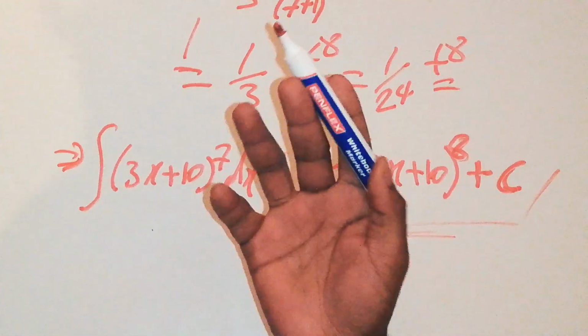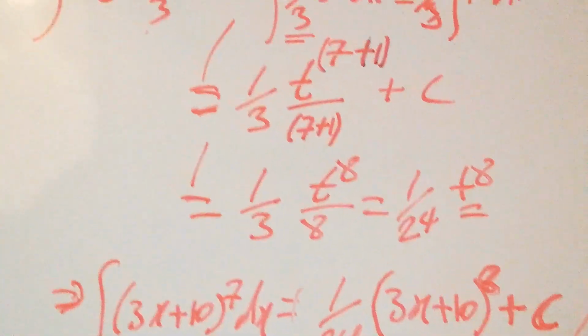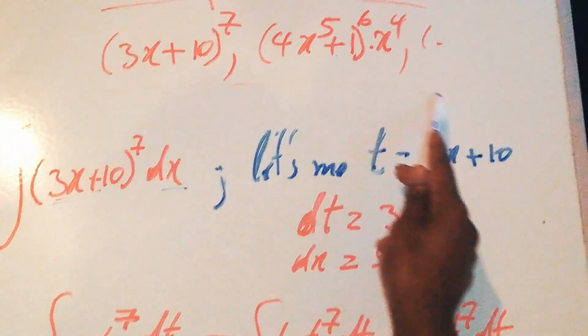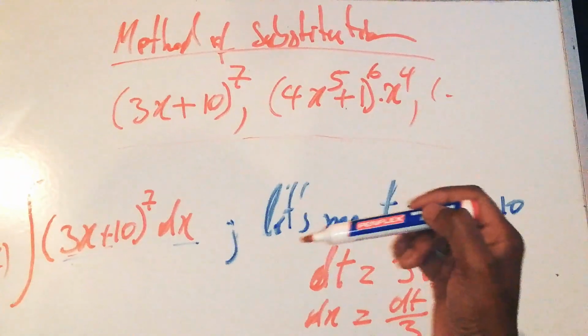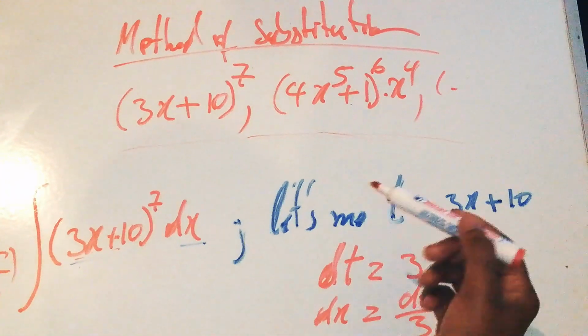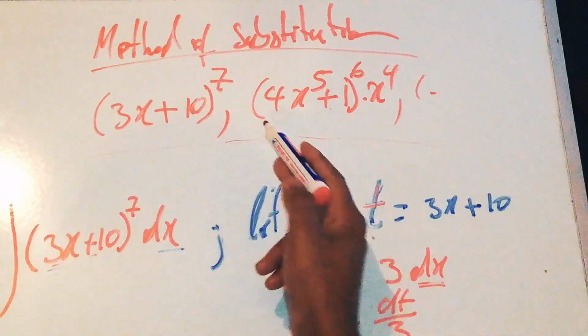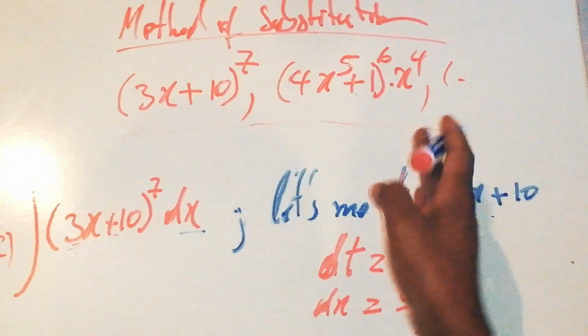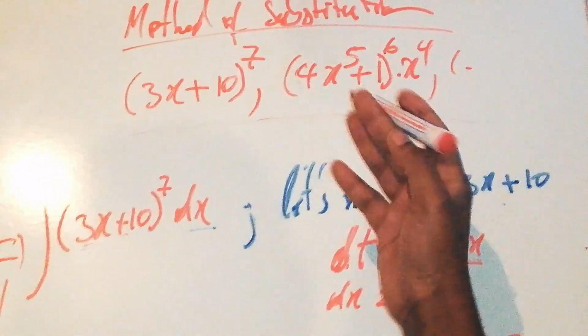I repeat again: when you have an integral of that kind, you need to set t equal to that expression, substitute by t or by anything else, and then go ahead with the integration.